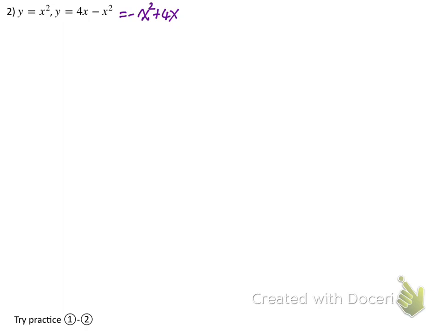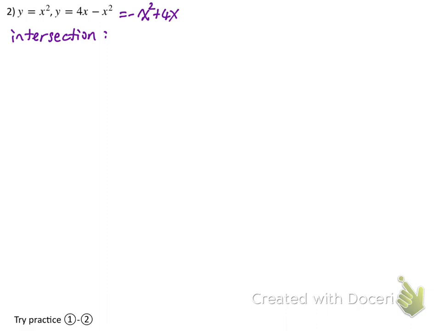Well, there are several ways you can do it, but I will first find where these two graphs meet each other. So you need to find the intersection, which means when both x and y are the same number that satisfies these two equations.